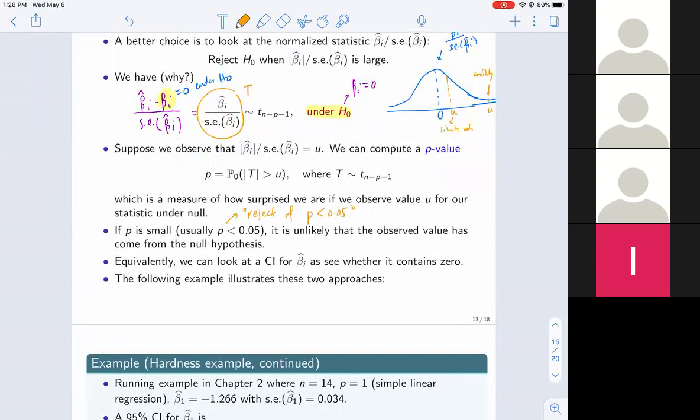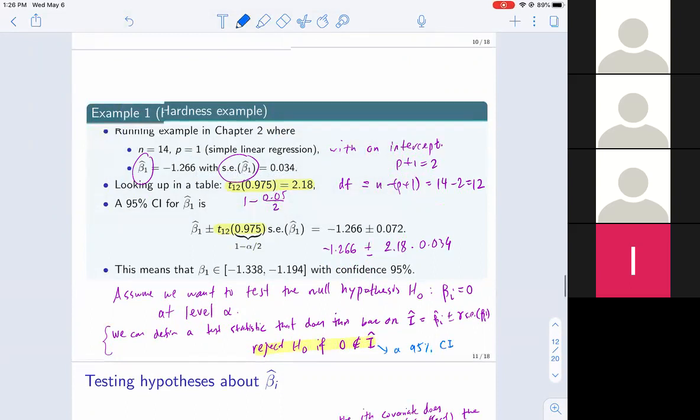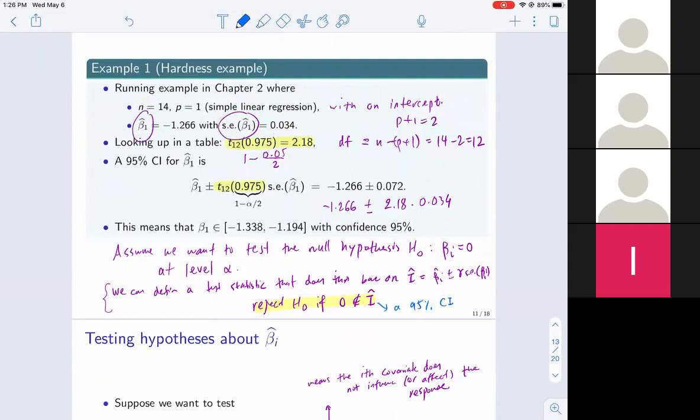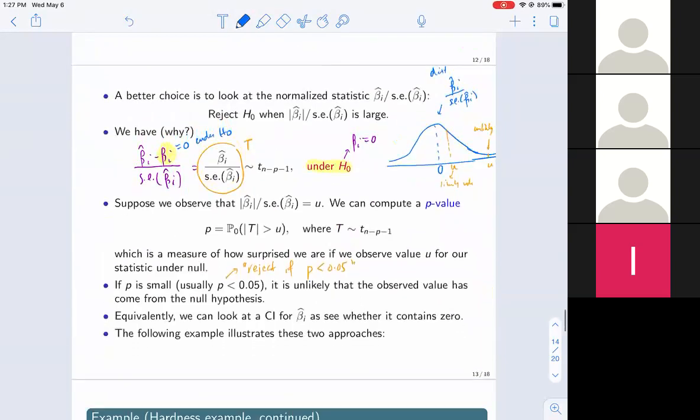This test is equivalent, in fact, to the test that rejects if 0 does not belong to I hat, as long as this is a 95% confidence interval. Whatever significance level you want, if you build the associated confidence interval and do the test this way, or you compute the p-value and reject if the p-value is less than alpha, you should get the same answer. You can prove this for yourself if you want.